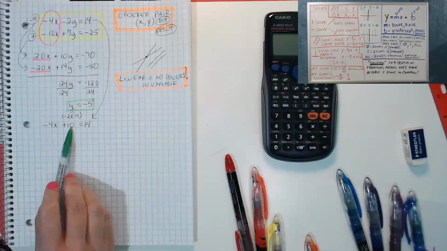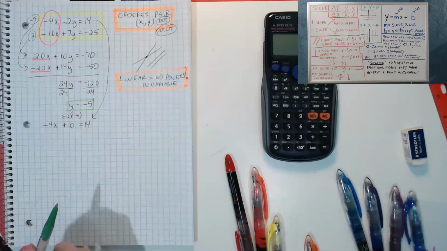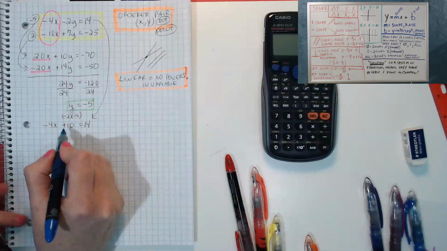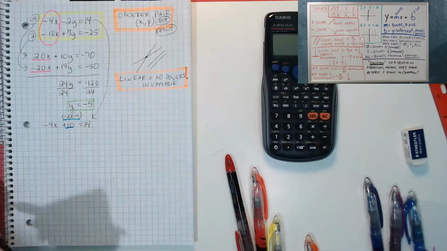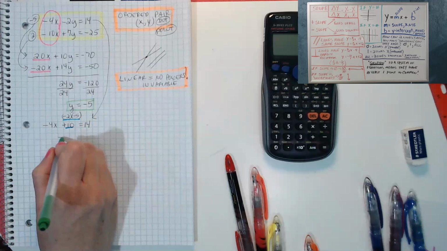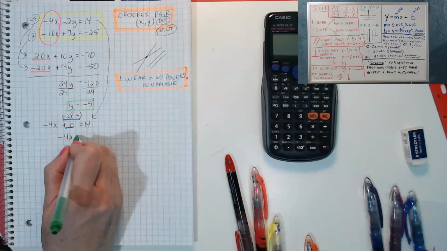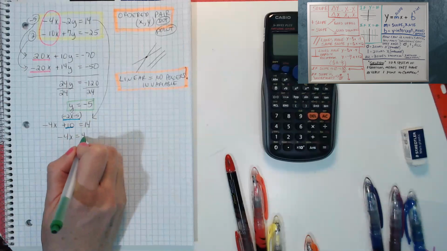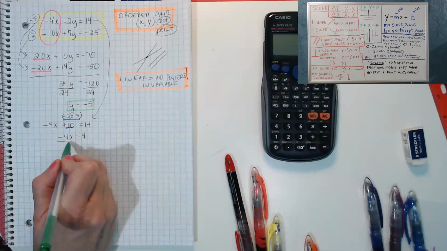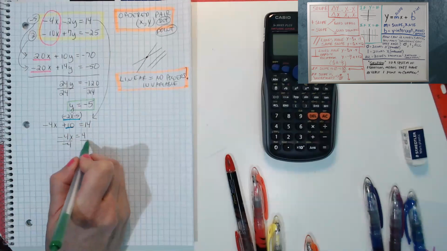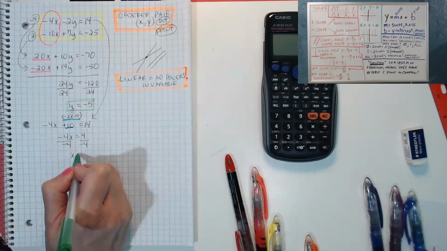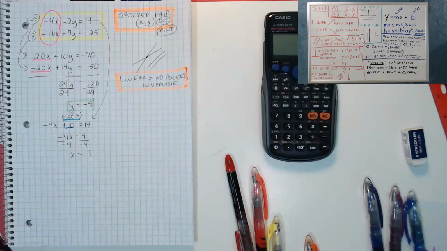That's how I got my 10. I will put that here just to show you. This is where I was substituting. So -4x equals 4. Divide both by -4. x is -1.